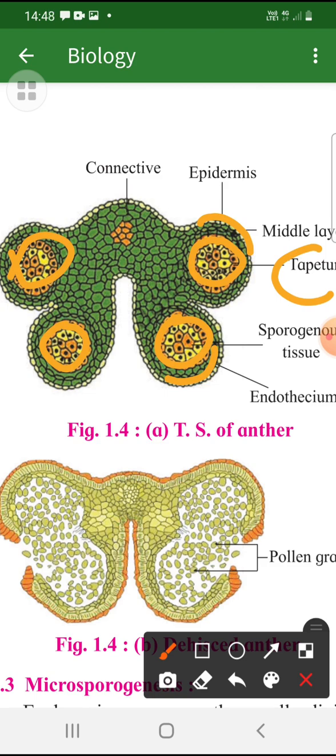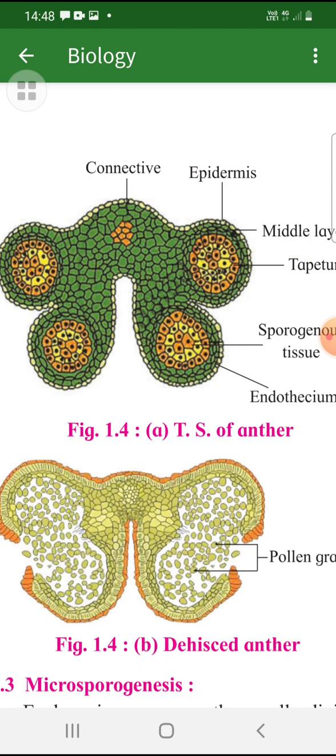Those cells are made with the purpose that they're supposed to nourish the sporogenous tissue. Inside you can see some tissue, means group of cells, right? And what is the word given for it? Sporogenous. This sporogenous tissue will form microspore mother cells.